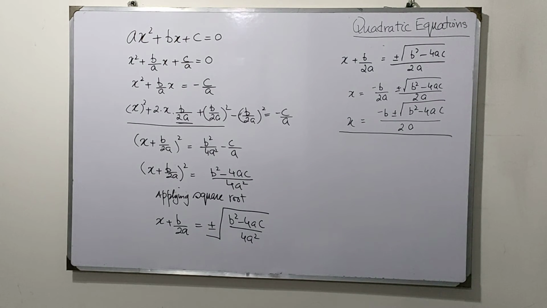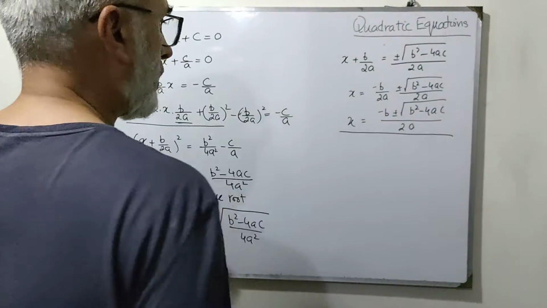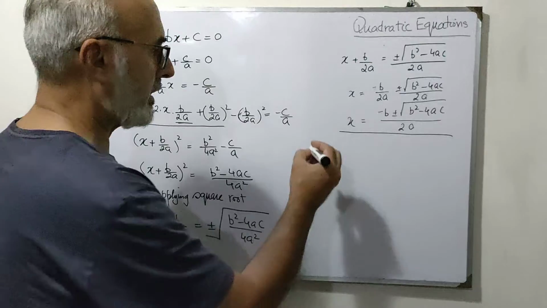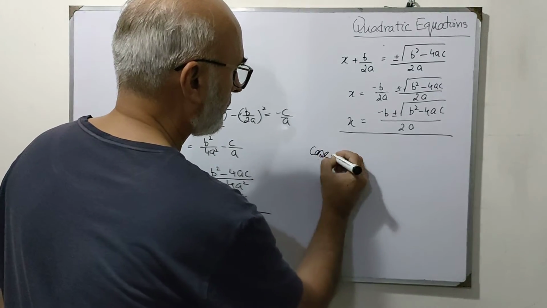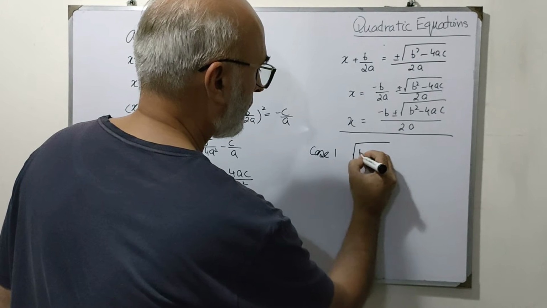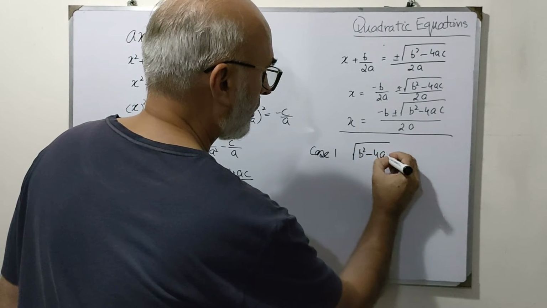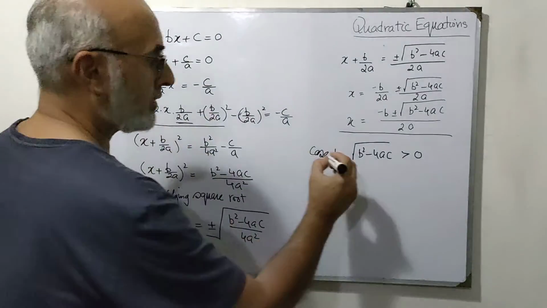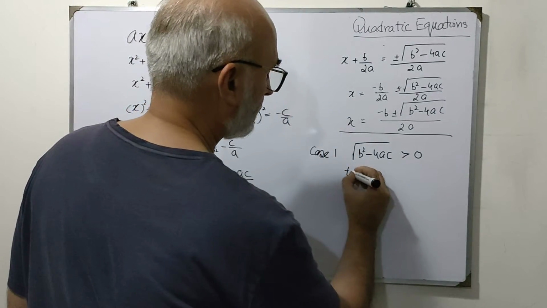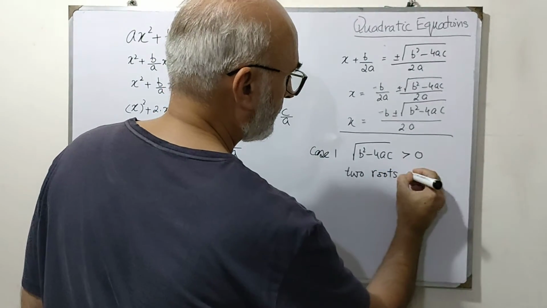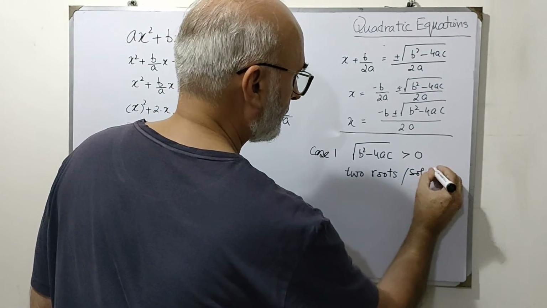Now this formula has three cases. Case number 1: if b square minus 4ac is greater than 0, in that case we are going to have two roots or solutions.